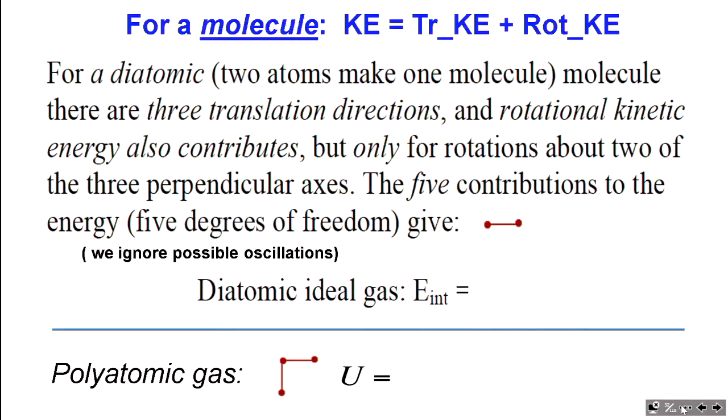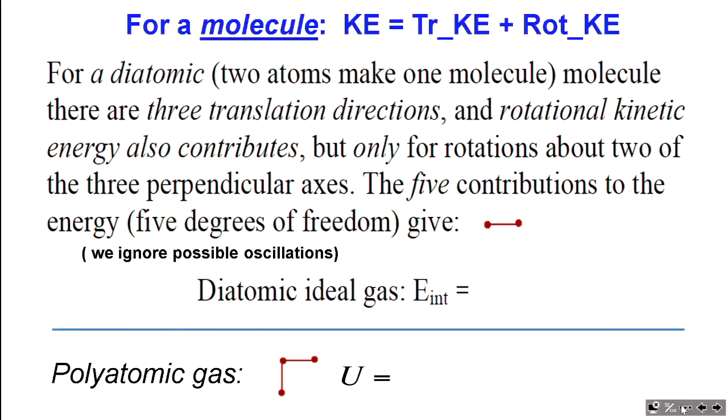Of course, we see the ball, but the actual atom is tiny. So the actual atom looks, if we look from this side, just like a line. So there is no rotational energy about the axis which goes through the atoms.